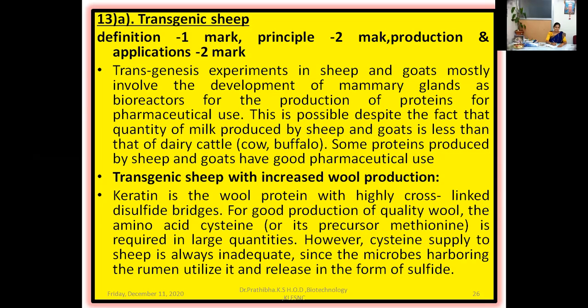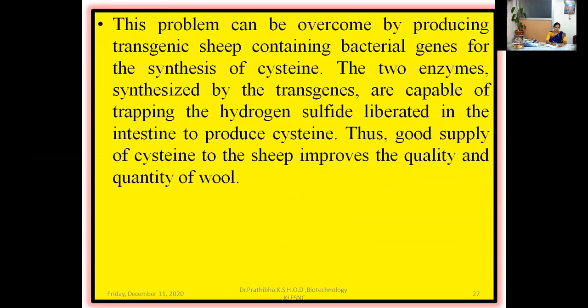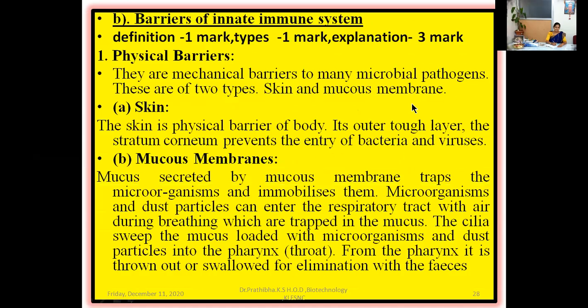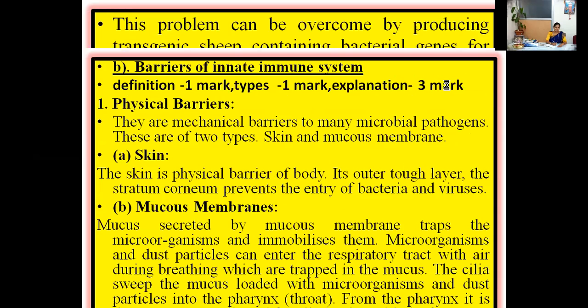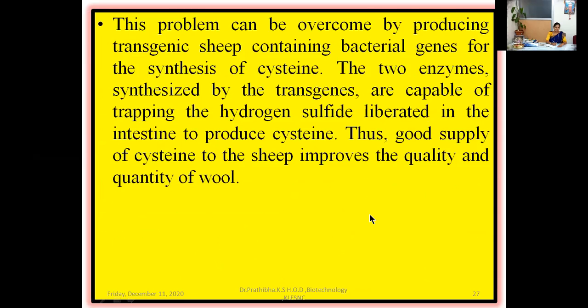However, cysteine supply to sheep is always inadequate since the microbes harboring the rumen utilize it and release it in the form of sulfide. This problem can be overcome by producing transgenic sheep containing bacterial genes for the synthesis of cysteine.